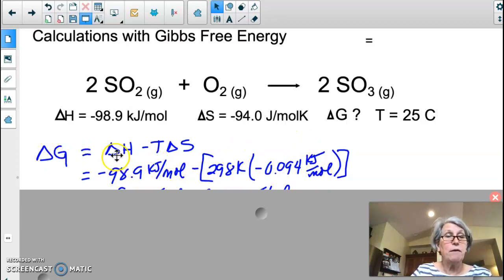Here, we know the delta H is negative 98.9 kilojoules per mole. Then I bracket the T delta S so that I make sure I do my algebra correctly. This is the temperature of 25 degrees C, and I added 273 to get that into Kelvin. This is the delta S value, but notice I converted that into kilojoules, 0.094 kilojoules per mole.